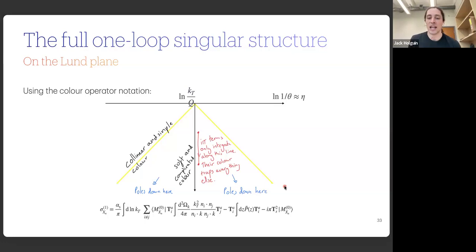So let's put these all on the Lund plane and have a slightly more complicated understanding of the Lund plane now. So I previously said the boundary here is collinear. In the middle, we've got soft. Bottom left and bottom right, we've got soft collinear, and all the poles live at the bottom. We can now also put on the Lund plane what the basic color structures are.